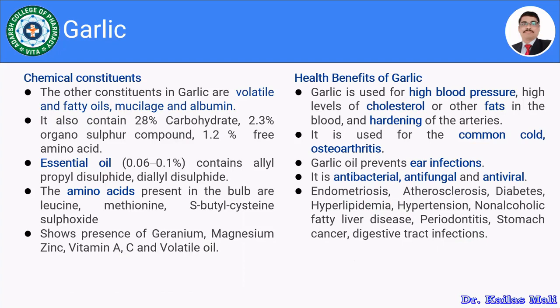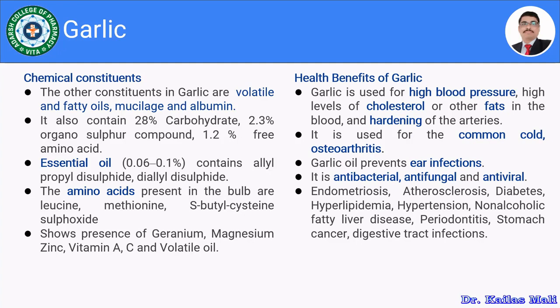The essential oil, approximately 0.06 to 0.1%, contains allyl propyl disulfide and diallyl disulfide. The amino acids present in garlic bulbs are leucine, methionine, S-butylcysteine, and sulfoxide.